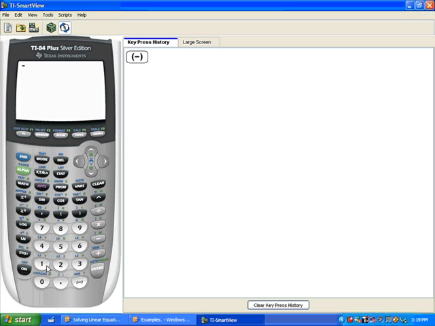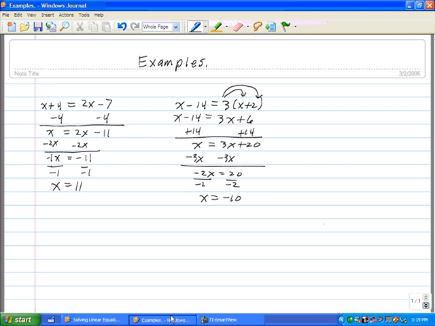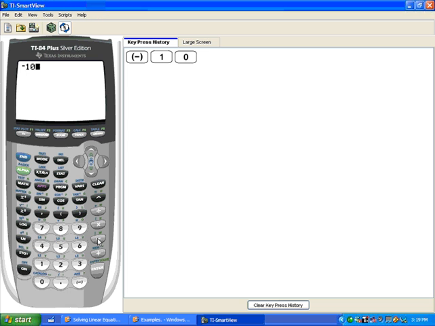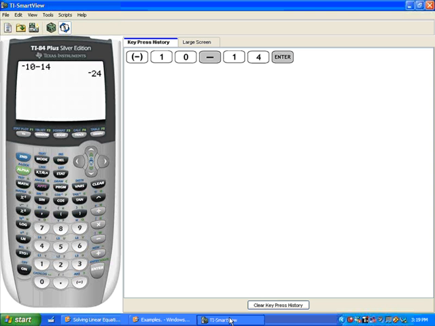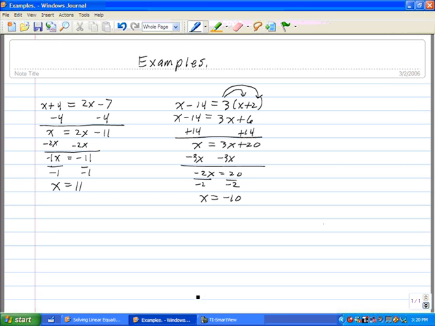Let's take negative 10, and that was minus 14, so we'll put in the minus 14, and that gives us negative 24. So we are seeing negative 24 on the left. And let's try the right-hand side. We'll do 3 times negative 10, and what was it, plus 2?